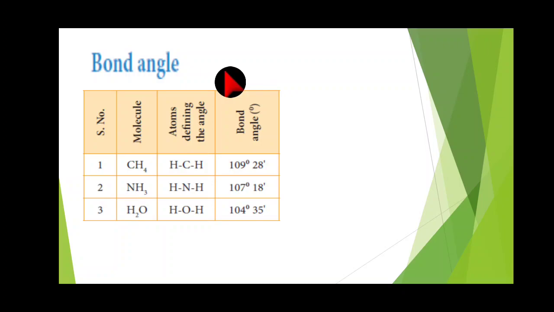The bond angle can be determined by spectroscopic methods, and it can give some idea about the shape of the molecules. For example, methane bond angle 109 degree 28 minutes, in ammonia 107 degree 18 minutes, in water 104 degree 35 minutes.